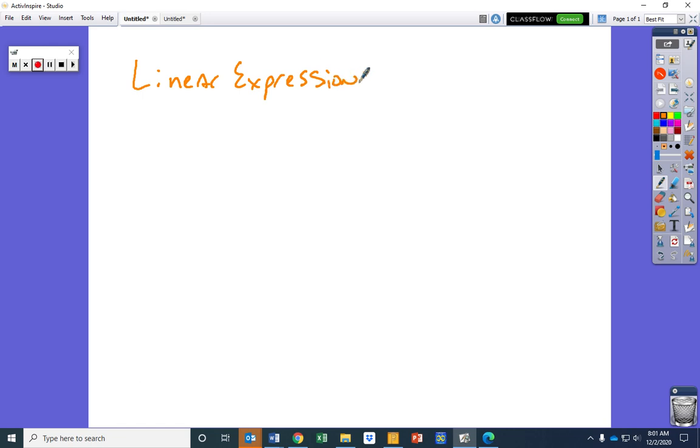Linear expressions are basically what this is, adding binomials. And what a binomial is basically, two terms. Okay, two terms.